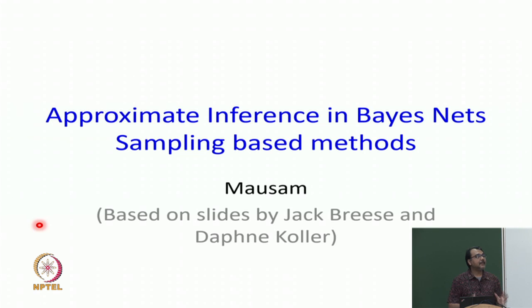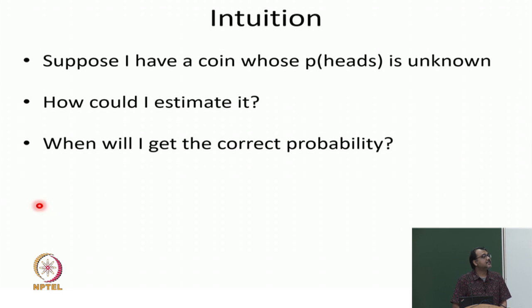This intuition sort of is not exactly appropriate for the task at hand, but it will give you a good starting point. So, suppose I want to estimate probability of heads for a coin whose probability is unknown, okay, and we can hope that maybe it is biased, we do not know that. Now, if we are in such a situation, then we have to estimate probability of heads, we do not know the probability, but we are given the coin.